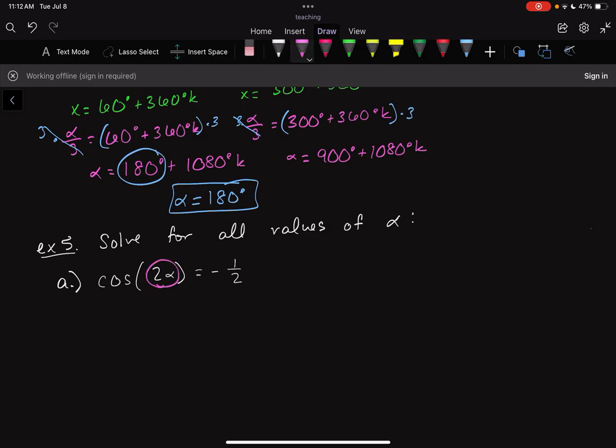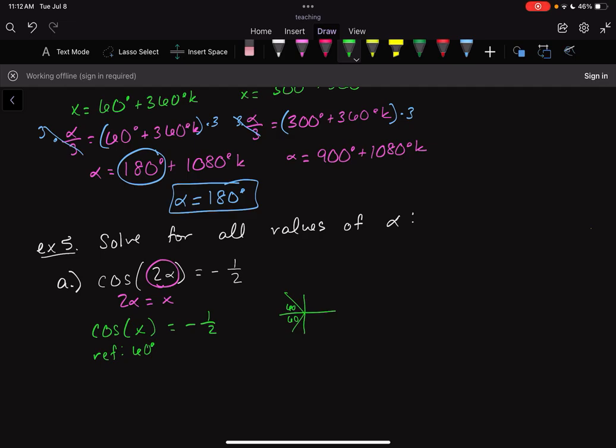So 2 alpha, the way I'll go ahead and do this one. So 2 alpha would equal x. I'd replace... cosine equals a half at a reference of 60 degrees. But cosine is negative in 2 and 3.